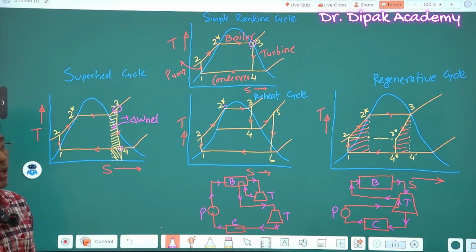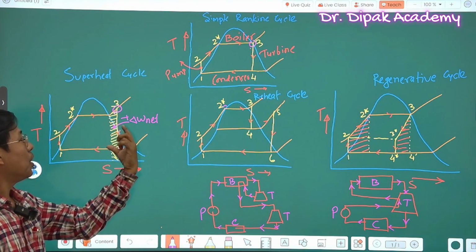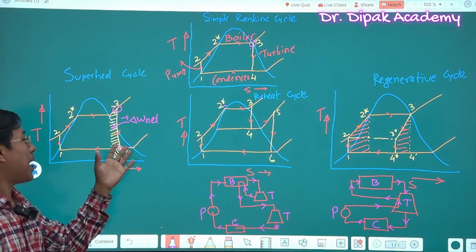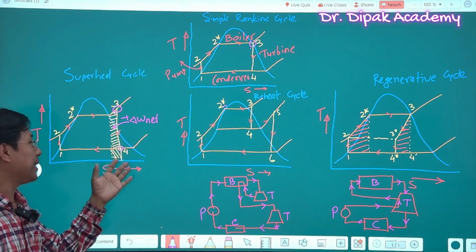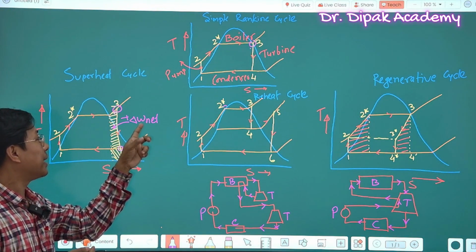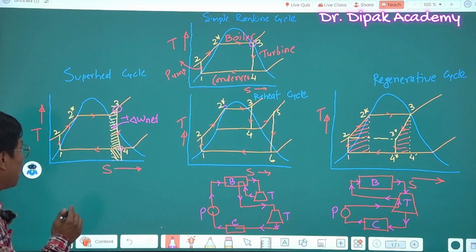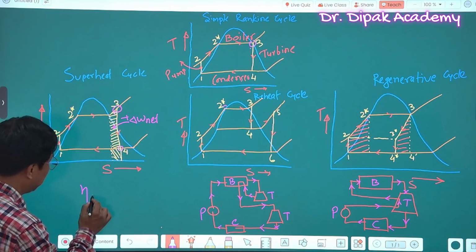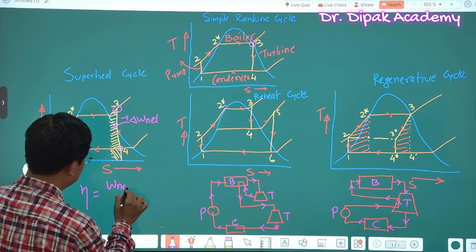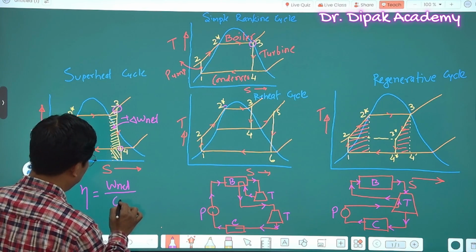So net work done. Here we have got work done addition, and again we'll have a higher heat addition and heat rejection. Ultimately the W net is higher. We know that efficiency is W net by QH.